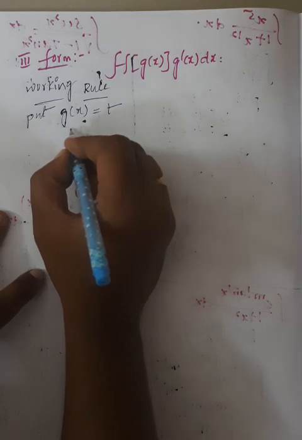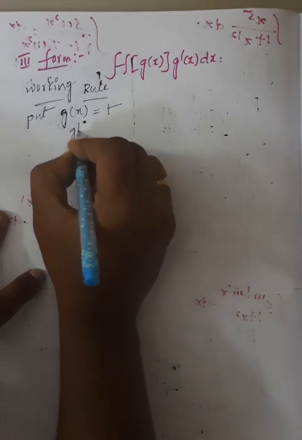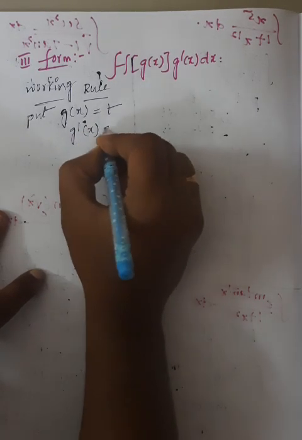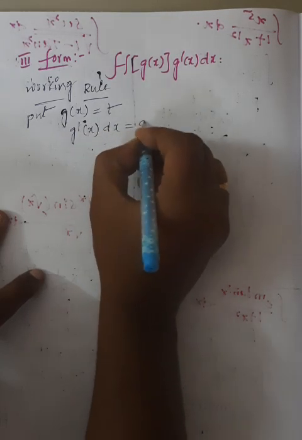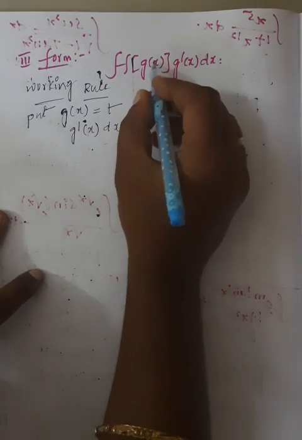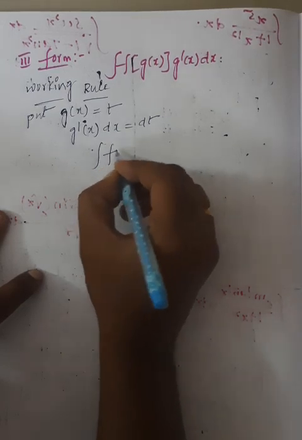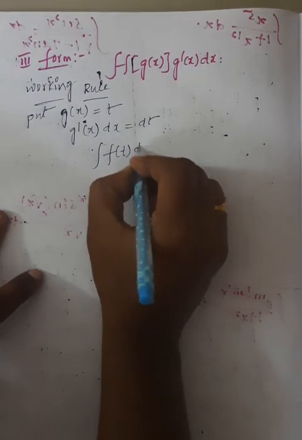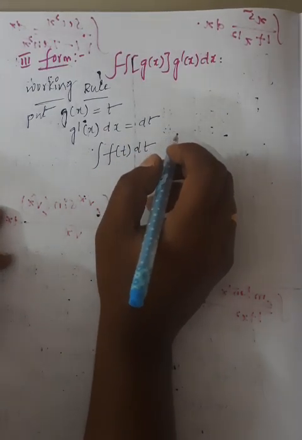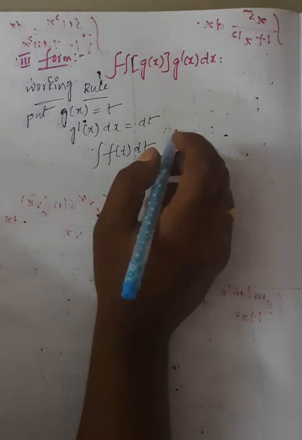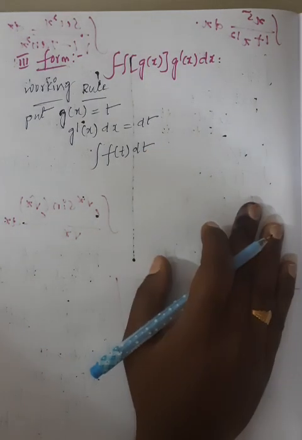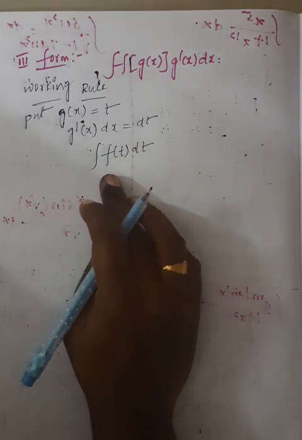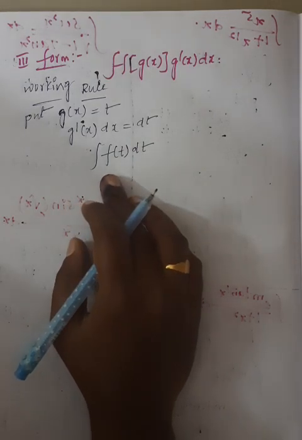Then you have to differentiate. So differentiation of g of x is g dash of x dx is equal to dt. Then you will substitute integration of f of t dt, which can be evaluated easily now. So this integration f of t dt can be evaluated with the help of the standard forms known till now.